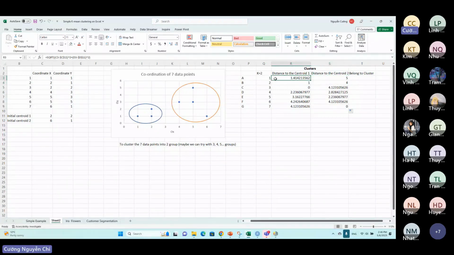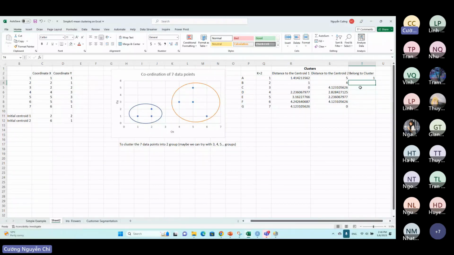It looks like data point A, (1, 1), is closer to centroid number 1 than centroid number 2, because the distance is just 1.14 compared to 5. So data point A should belong to the first initial centroid, because it is closer to centroid 1 than 2.